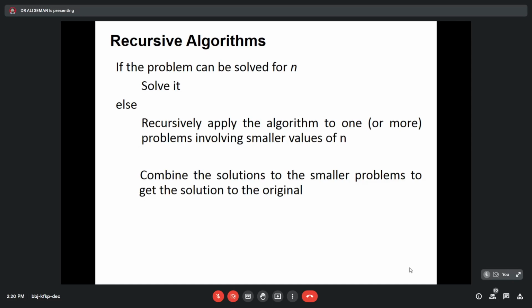In the implementation behind the source code, when we apply recursion, it will use a data structure, which is a stack. So when we solve it, we push onto the stack, and after that, pop in order to combine back the solutions, and finally we get the solution to the original problem.